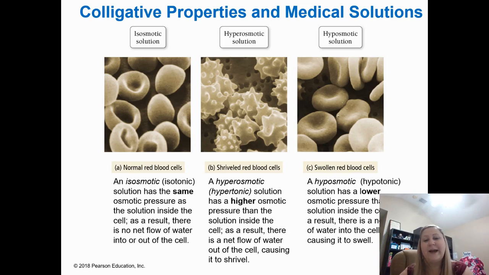That means there's higher pressure than the solution inside the cell, so the net flow will be out of the cell, which makes them shrivel up, which is not good. Same thing with those swollen red blood cells. We've got hypoosmotic or hypotonic, which means there's lower pressure outside the cell, so it flows into the cell, making it swell up, which is also not a great thing.